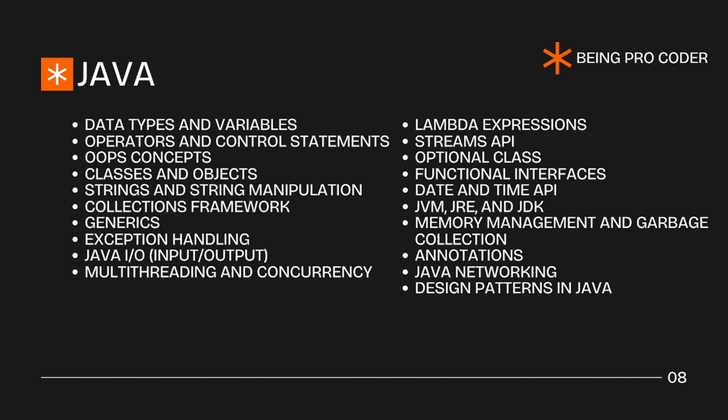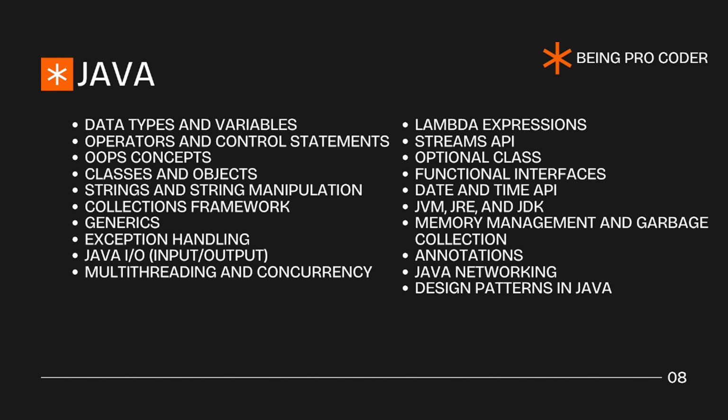Coming to next, Java. It is also a very good programming language where you can start with data types and variables. Java is a secure language, so we need to include the data types prior to creating the variable: int, string, char and double.